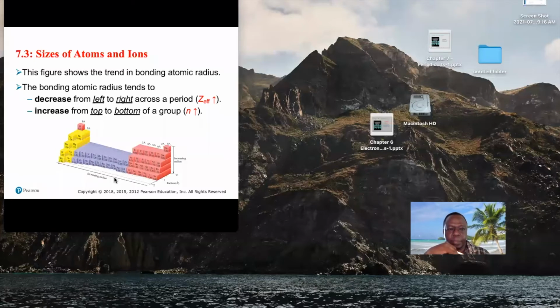Now, apart from knowing the general trend on the atomic radius, that it is increasing down a group and decreasing as you go across, you need to be able to organize a list of elements. In the exam or in the quiz, you may be given a list of elements, for example, boron, carbon, nitrogen, and oxygen, and you are asked to arrange them according to increase in atomic radius.